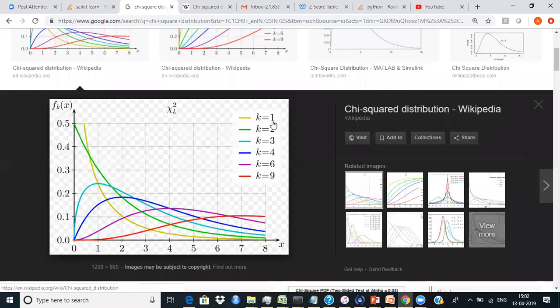So for example, if degrees of freedom is 1, this distribution looks like this. It's basically an exponentially decreasing distribution, right? If degrees of freedom is 2, the distribution is the green line. Degrees of freedom 3 and so on. As you increase the degree of freedom, the shape changes. There is no fixed shape of a chi-square distribution.